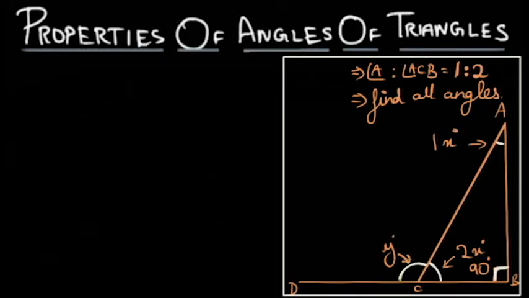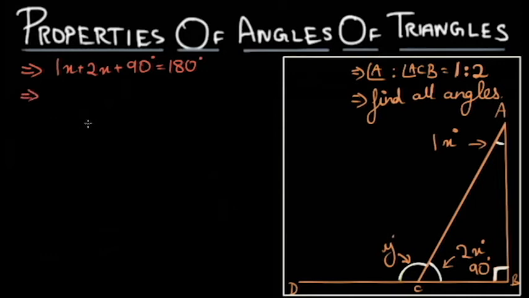So we know two things. First is that angle A, 1x, plus 2x, the sum of those two, plus 90 degrees is equal to 180 degrees.